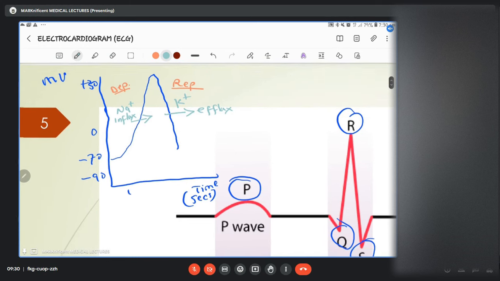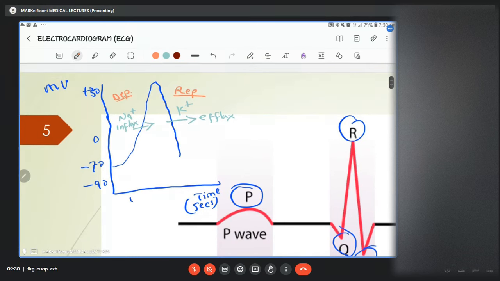But then you can have hyperpolarization. This is the baseline, which is minus 70, but then you can have it exceeding minus 70, reaching down to minus 90.